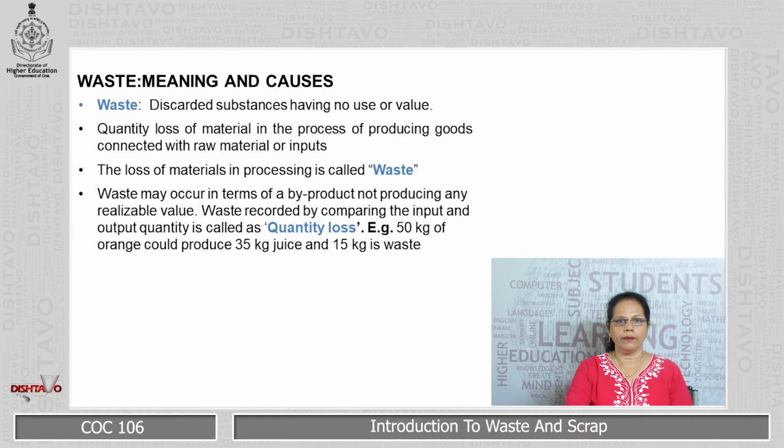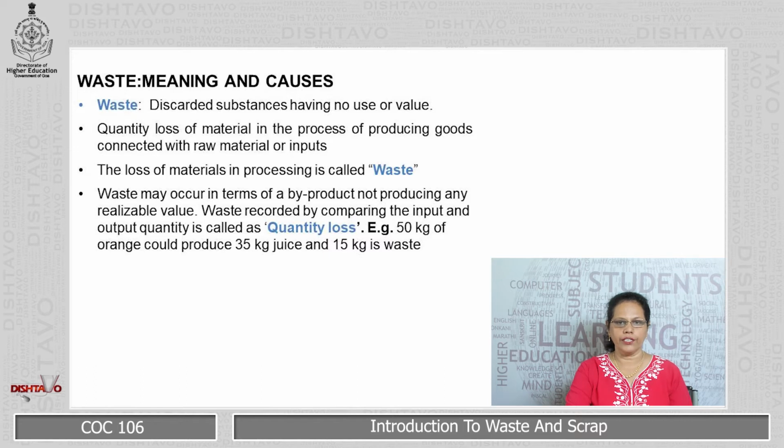What do you mean by waste and what are the causes of waste? Waste are discarded substances having no use or realizable value. Quantity loss of material in the process of producing goods connected with raw material or inputs. The loss of materials in processing is called waste.